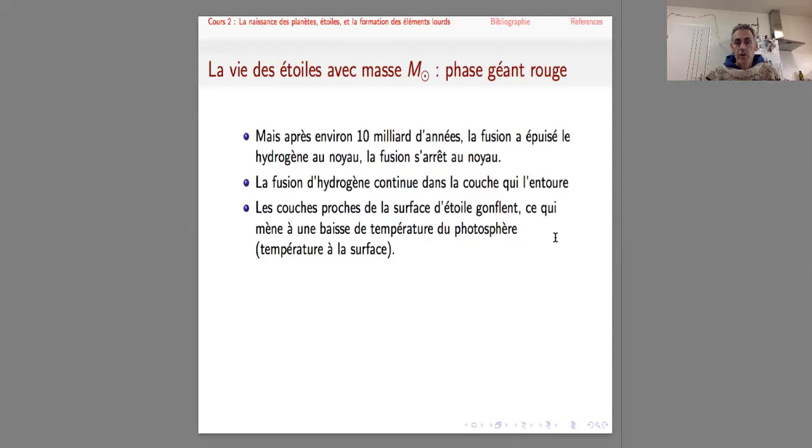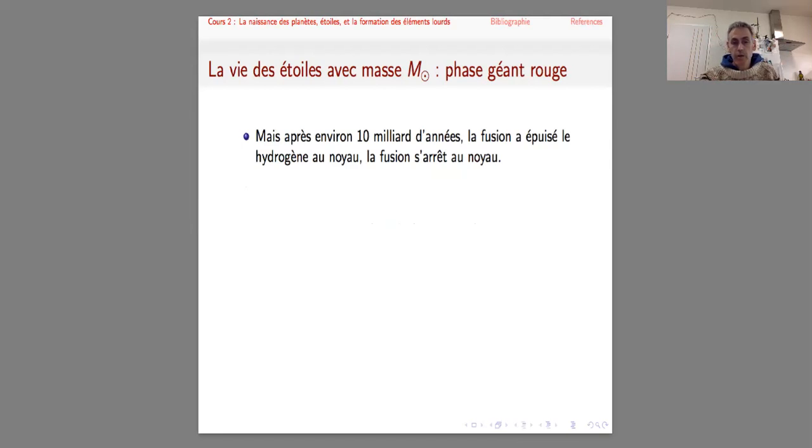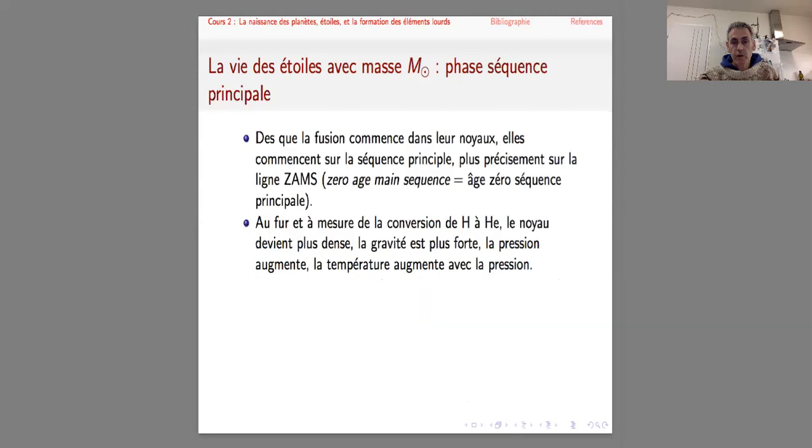And so because these outer regions expand, the temperature tends to drop. And so this star, or the sun in 5 billion years, will start to migrate to the right on the Hertzsprung-Russell diagram, migrating to the right to lower temperature.